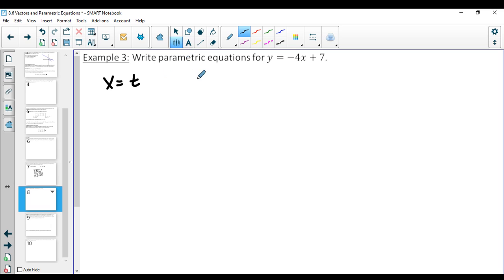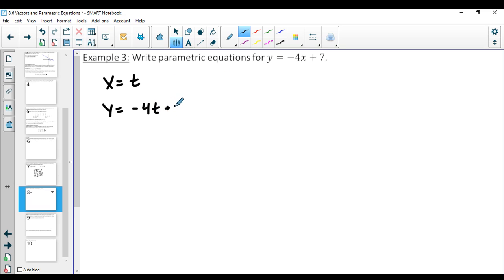I get to make the parametric equations. It makes sense that if x is an independent variable in this equation, and t is the independent variable in parametric equations, then I can set them equal to each other. And so then from there, all we have to do is y equals negative 4, but now not times x, because x is t.